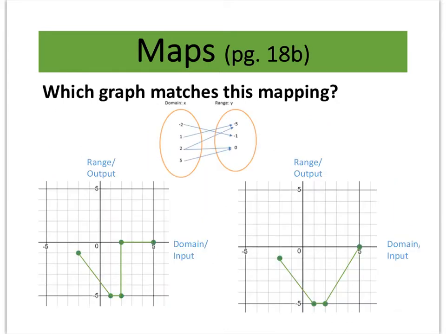If I look at a graph, I can quickly start telling, is this a function or not? So which one of these matches my ordered pairs? So I've got -2 and -1 there and there. I've got 1 and -5, so that's there in red and there in red as I'm adding them.